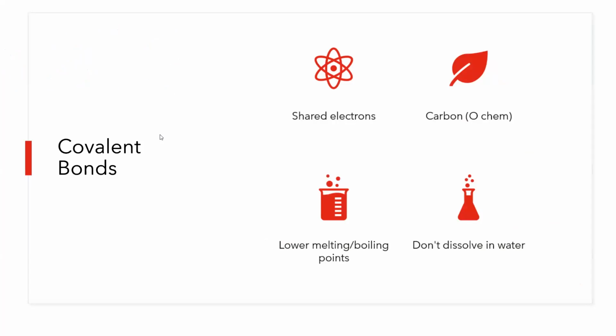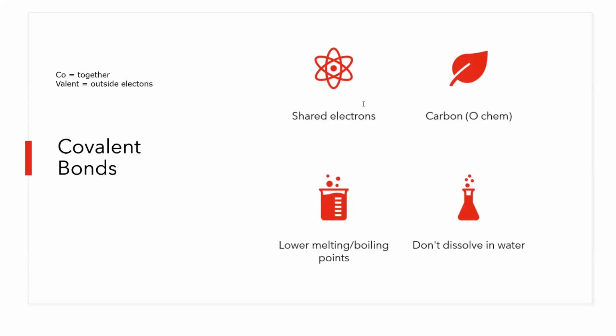Second type of bonding. This one might be more familiar. Covalent. Co, that prefix, is usually like together or something. And valent is those outside electrons. So covalent really means shared electrons.